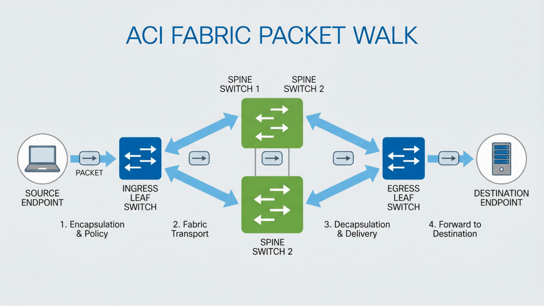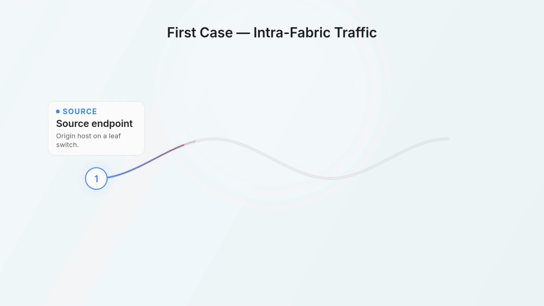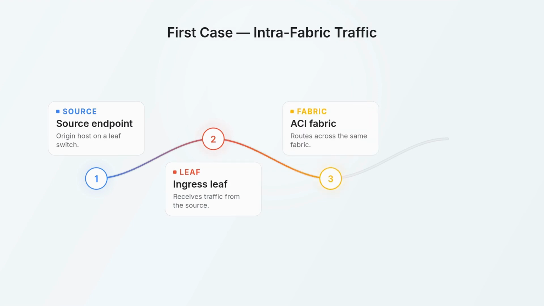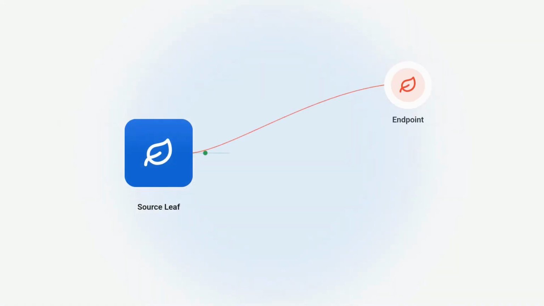Let's make this real with a packet walk. First case, a source endpoint on one leaf wants to send traffic to a destination endpoint somewhere else inside the same ACI fabric. The source leaf can learn the source locally because that endpoint is attached right there. But for the destination, the source leaf needs location truth.